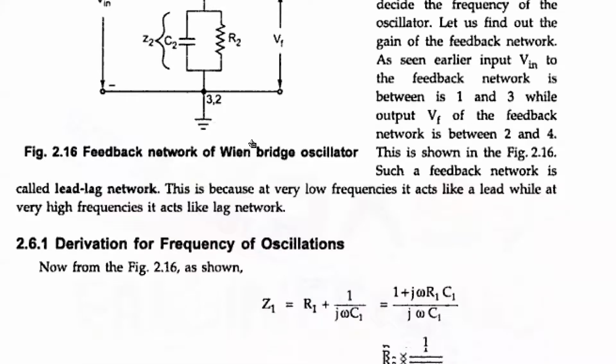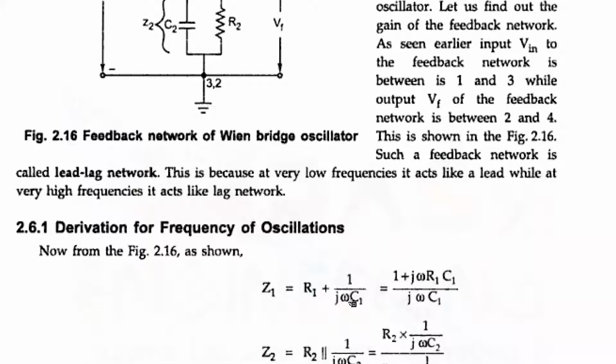Next, simple math arrangement: taking the common denominator j omega C1, we multiply R1 with j omega C1. So that is R1 j omega C1 plus 1, over j omega C1. That is Z1.